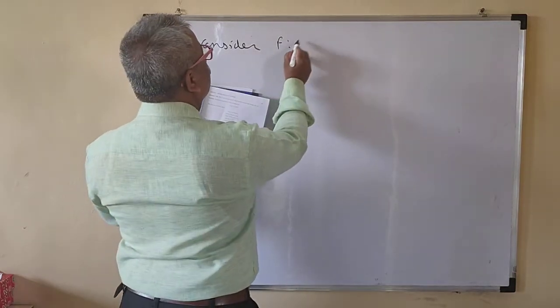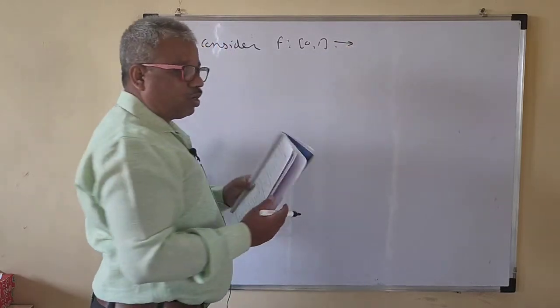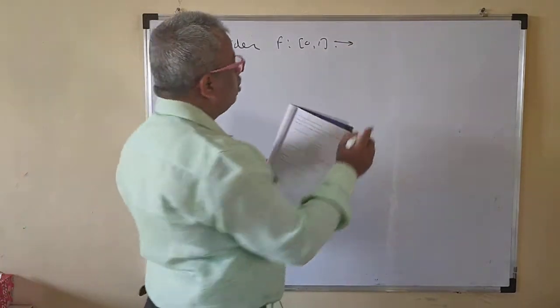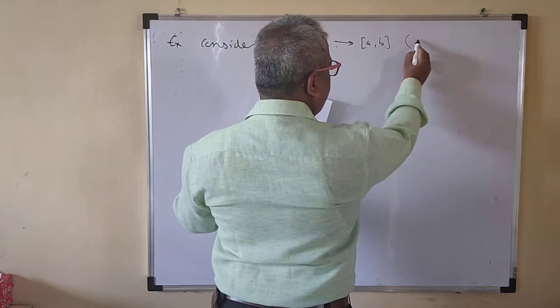f from closed interval AB. Here, domain and codomain are very important for a one-one and onto function. So note that it is a closed interval AB.